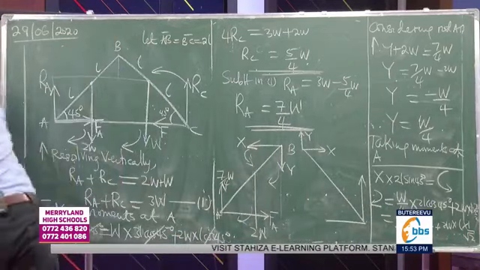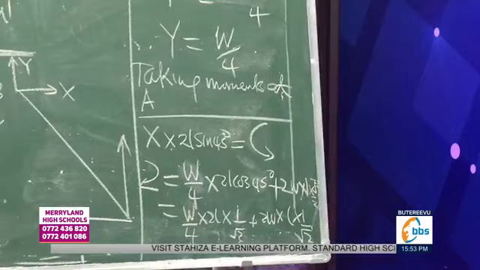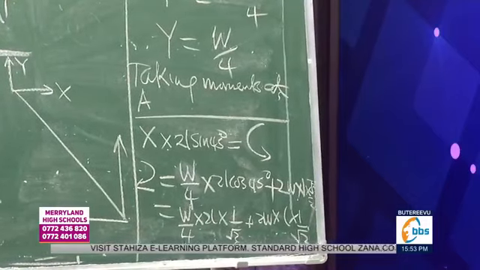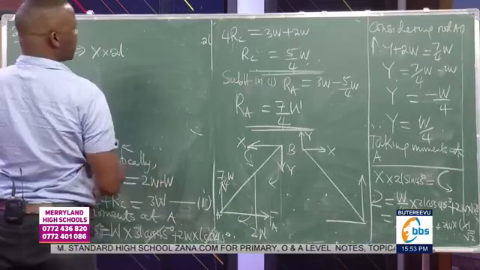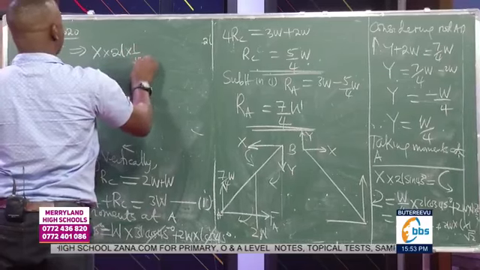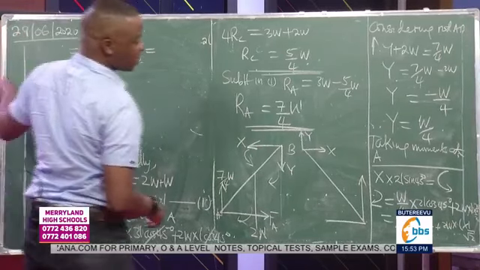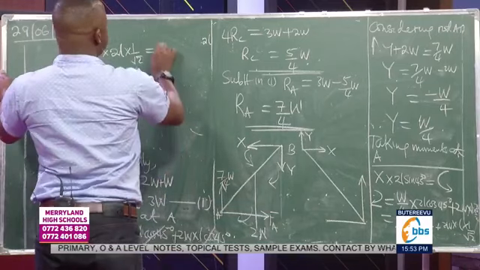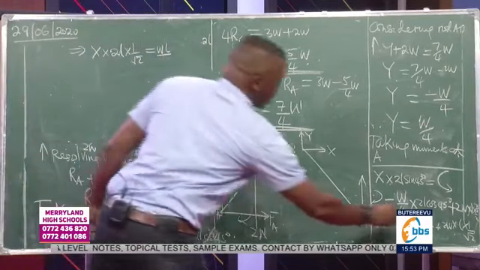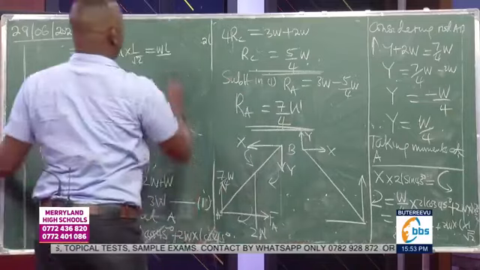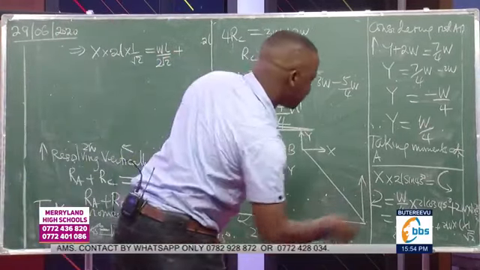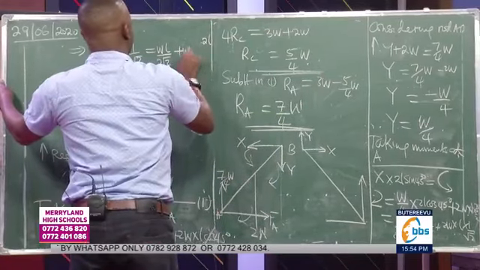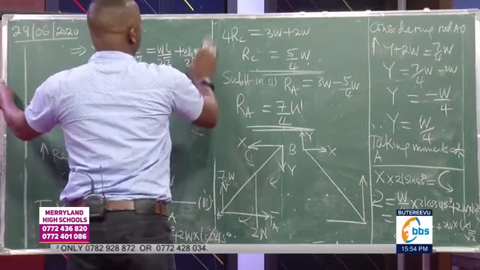In equilibrium, I am not going to solve that fully, but our x times 2L times 1 out of root 2, that's sine 45, will be equal to WL, the 2 will reduce, over 2 root 2 plus WL over 2 root 2.